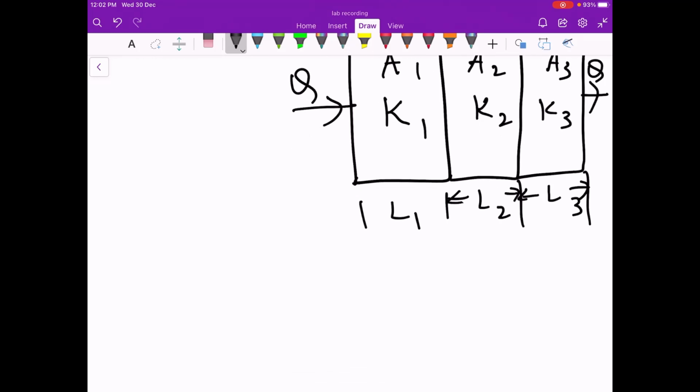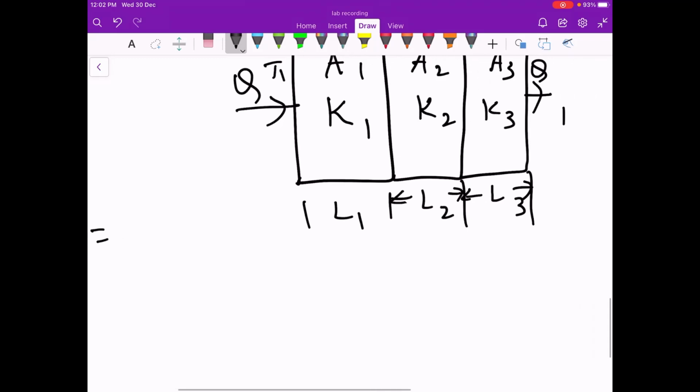Now you have studied that. If we neglect the heat transfer coefficient on the LHS and RHS sides, you can write it as follows. Let us call these temperatures T1, T2, T3 and T4.